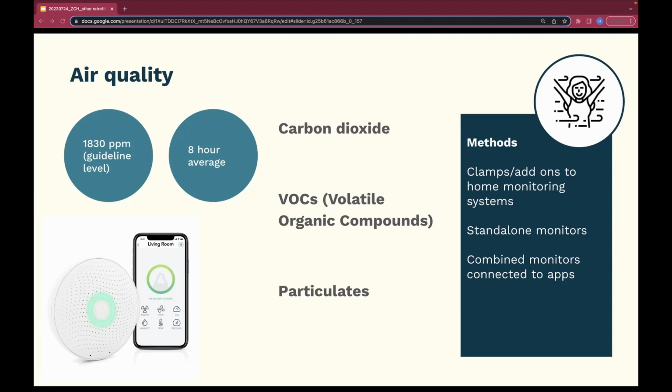In terms of kit to help you do that, there's some relatively inexpensive clamps you can get for home monitoring systems. And there's also proprietary systems like the one shown, that example is linked. I think that one in particular does radon, CO2, VOCs, humidity, temperature, and other things linked to an app.